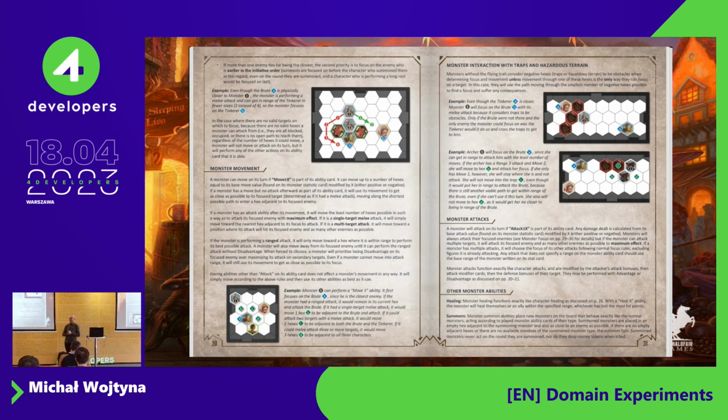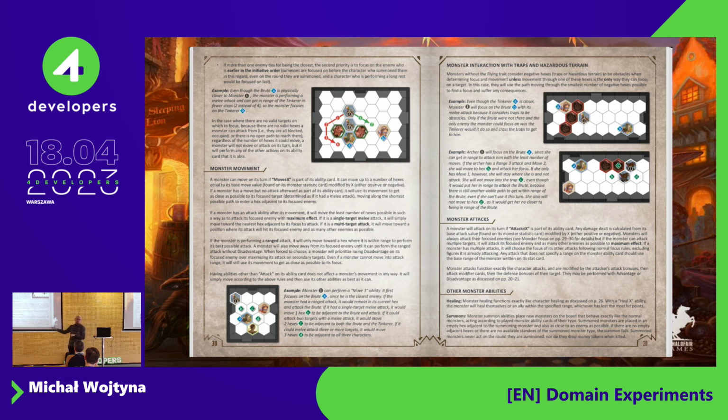And then there are monster movement rules. By monster movement, I mean we are playing against the game here. It's a mostly cooperative game. Not necessarily, but mostly. And here are the rules, algorithms, describing how monsters move. You need to take a look at the state of the board.